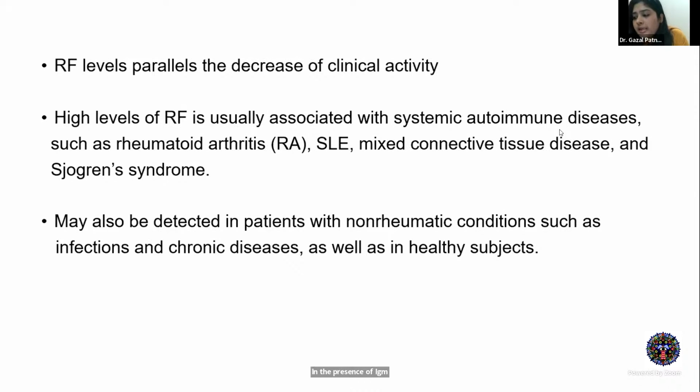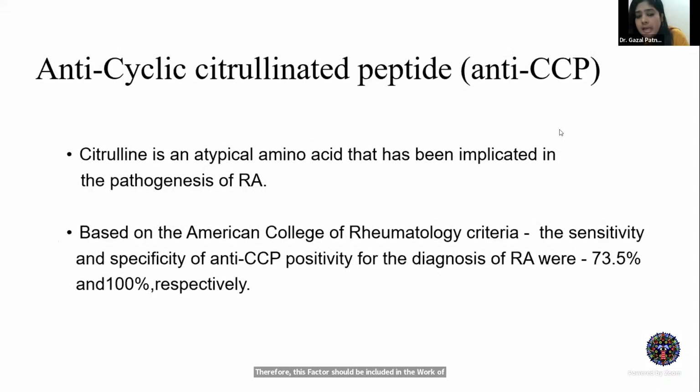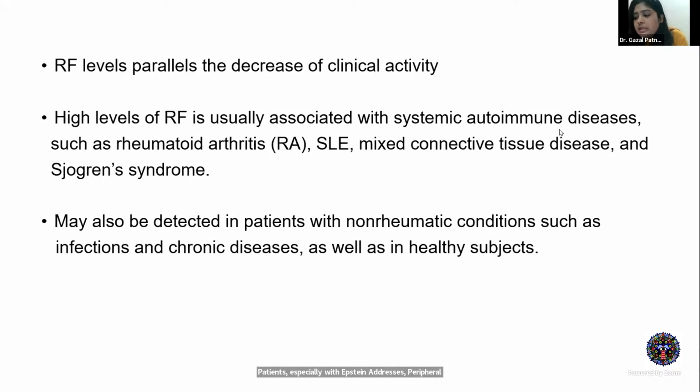Rheumatoid factor in RA may be used in monitoring the disease as it parallels the decrease in clinical activity of patients under treatment. High titers are associated with an aggressive form of the disease. Therefore, this factor should be included in the workup of patients, especially with episcleritis, scleritis, peripheral ulcerative keratitis, anterior uveitis.